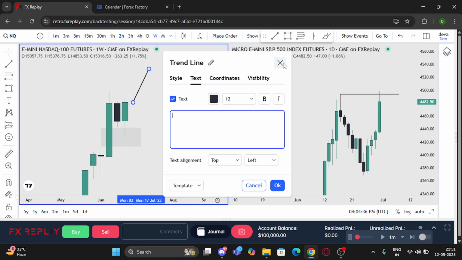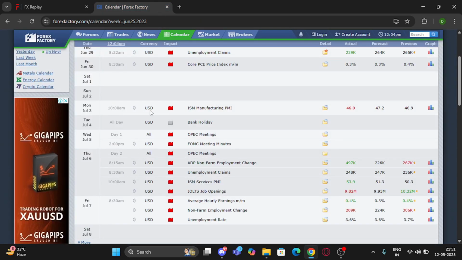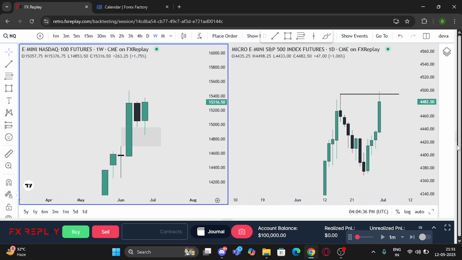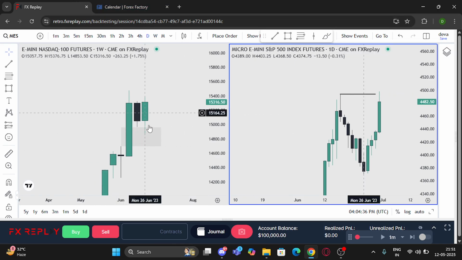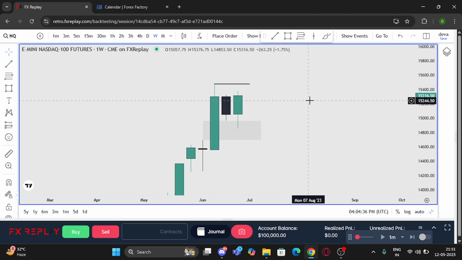That would be better. So I won't be engaging in trades at the start of the month. As you can see, we've got 10 a.m. news on Monday, so we will be looking at the chart, since we have this higher time frame draw on liquidity on Nasdaq.